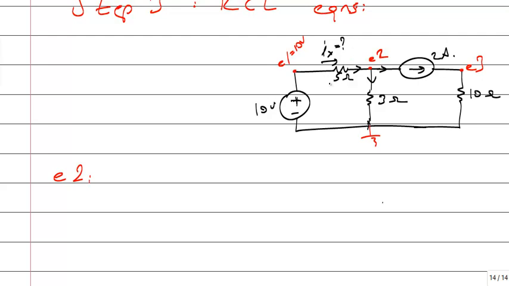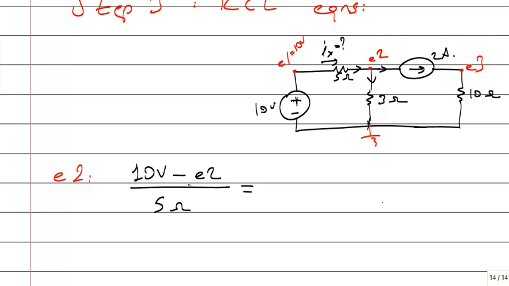What is the current on that resistor? Positive side E1. What's E1? 10 volts. Minus negative side E2 divided by resistance 5 ohm. Entering current is equal to summation of exiting current. What is the current from E2 to E3?